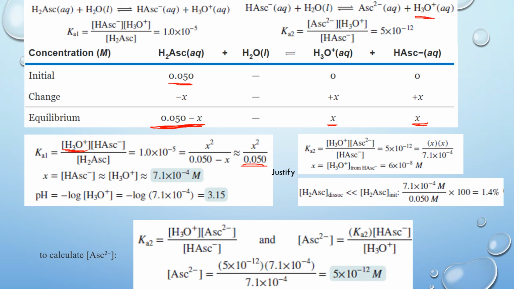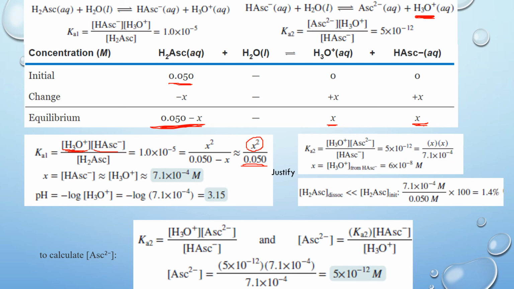So I will use x directly. That's going to be x times x, so I have x squared in the numerator. You can see the math becomes much easier.